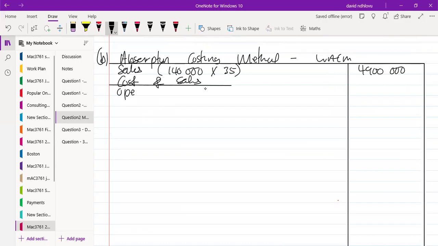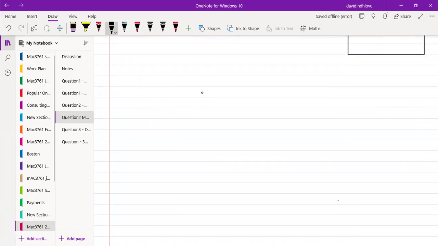Let's start with the opening inventory. The opening inventory is still 7,000 units, but the cost per unit will be different. The cost per unit in terms of absorption costing will be more, because I am including the fixed costs.